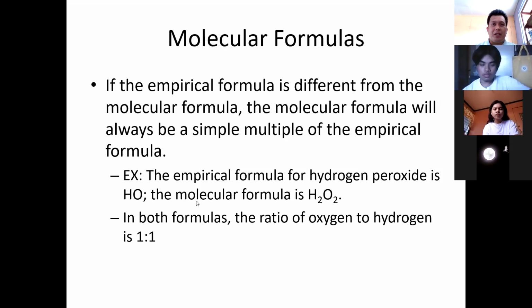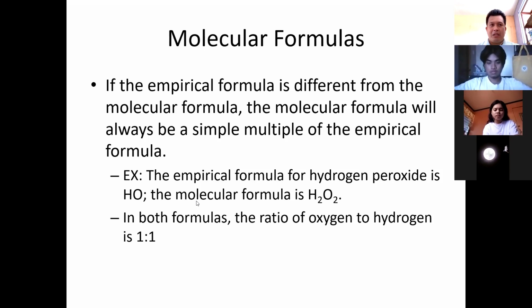Since the subscripts of oxygen and hydrogen are divisible by 2, reduce the subscripts by dividing both values by 2, and you have the empirical formula as HO. And empirical formula will give you the simplest ratio of the atoms present in the said molecule. However, when you talk about the molecular formula, it's the complete set of atoms present in the given molecule.